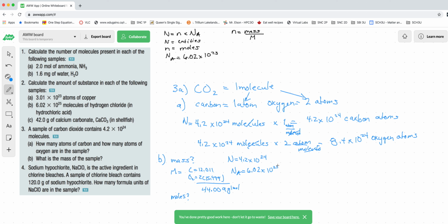So you're going to be using both of the equations up at the top. And I like to rearrange first. So N equals n times Na. And you don't have to. You could have put the numbers in and then moved the numbers in if you wanted.